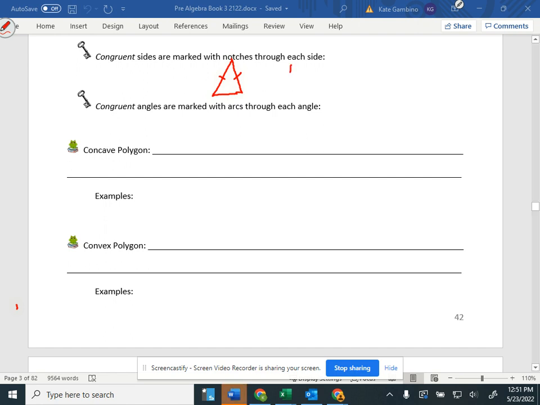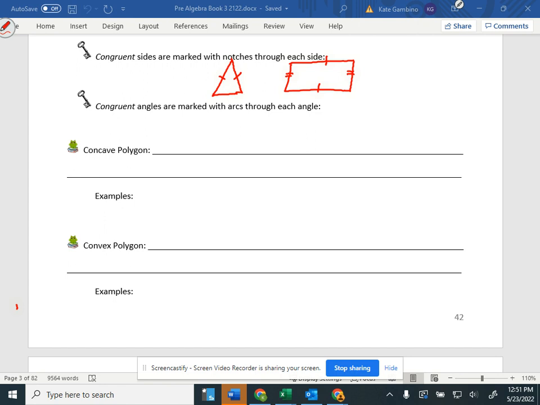If we were to have a rectangle, we have this side is congruent with this side, but I've already done the one notch. So now I need to do two notches to show that those two are also congruent. So you just want to match up how many notches are on it to which one is equal with.